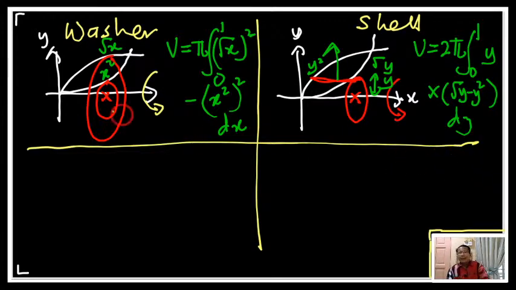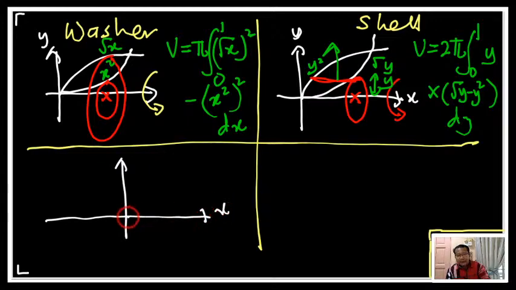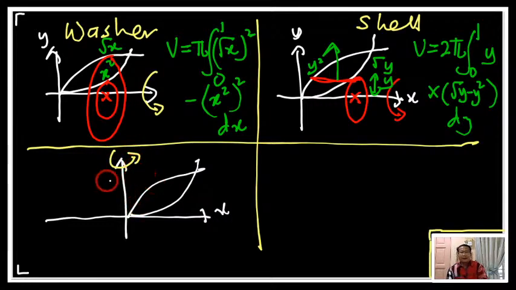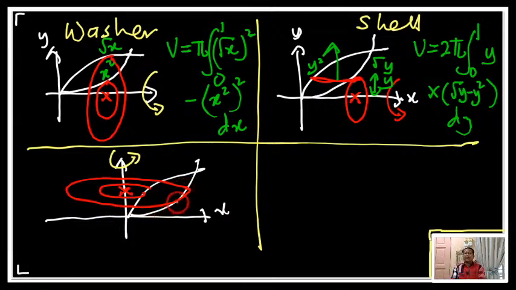Okay. If you rotate about the y-axis, same graph. Like this, and like this. So, rotate now about the y-axis. So the circle, now, for washer, this one is the washer, is this one. And this one. Okay. So, you move circle from down to top.